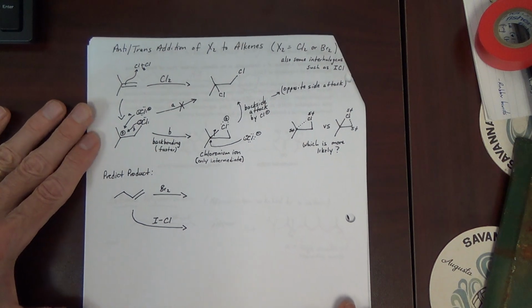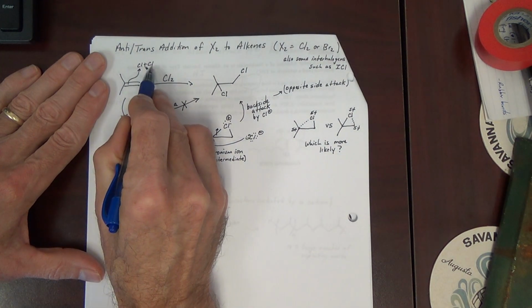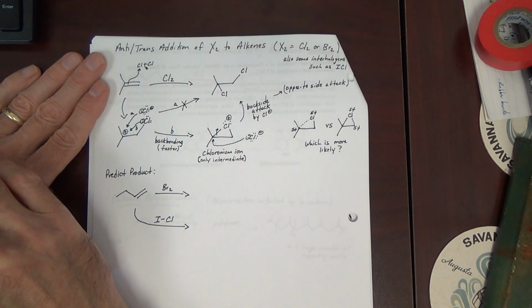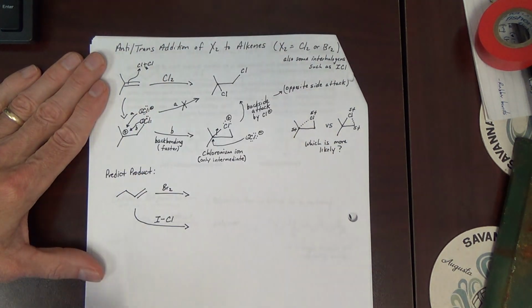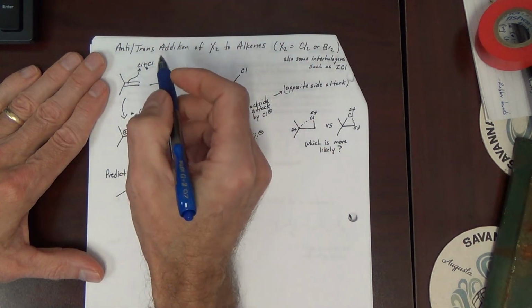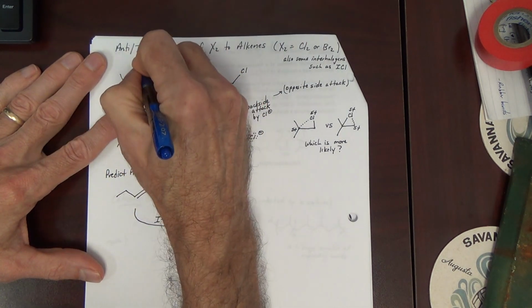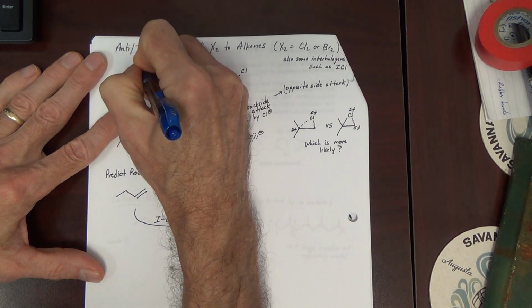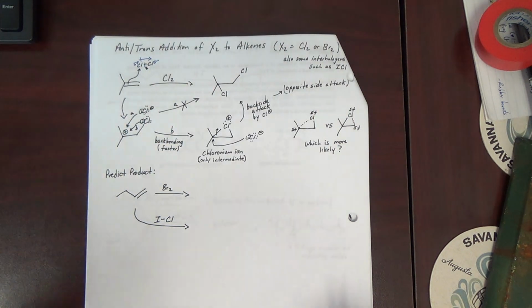Okay, mechanism for this reaction. Diatomic chlorine looks nonpolar, and it actually is formally nonpolar, but it's very polarizable. And we can have an induced dipole here. And so I'm just going to go ahead and show an induced dipole, with one chlorine being partial positive and one being partial negative.